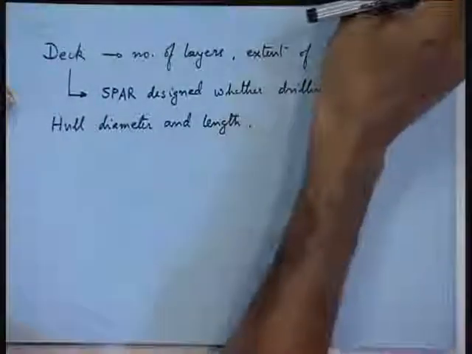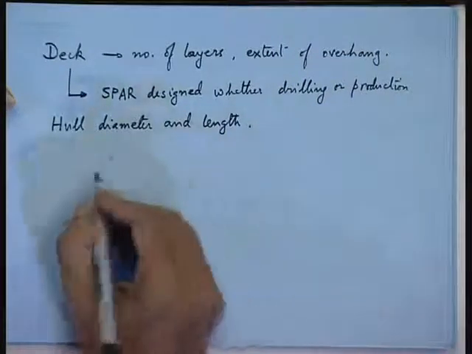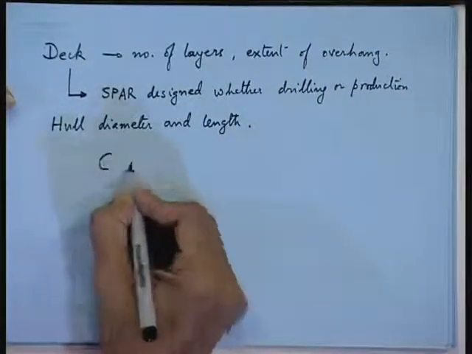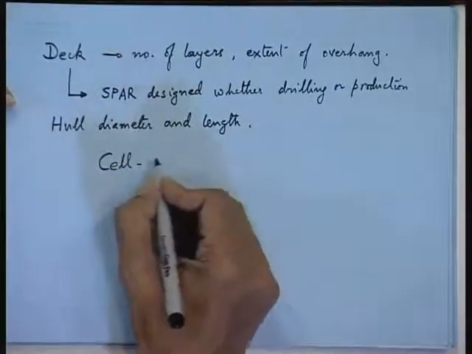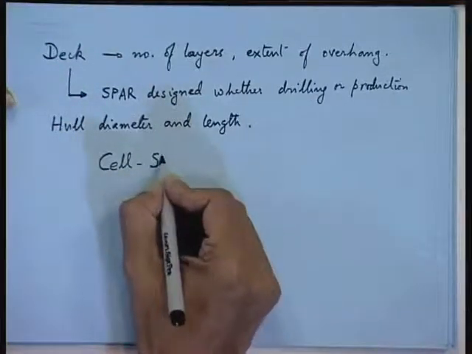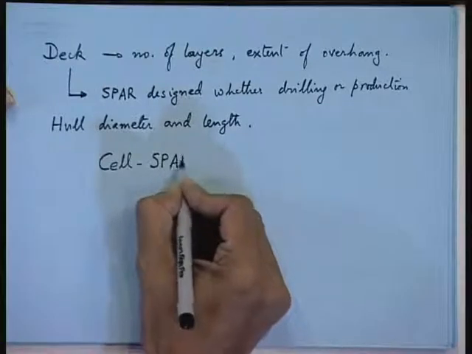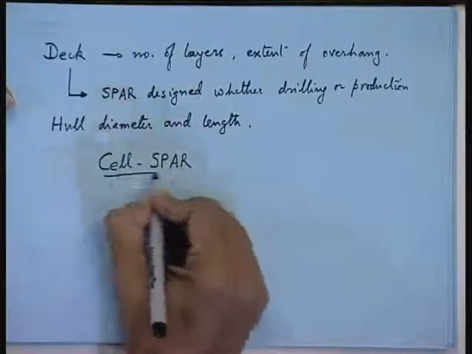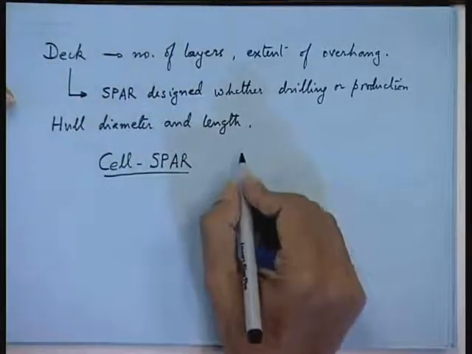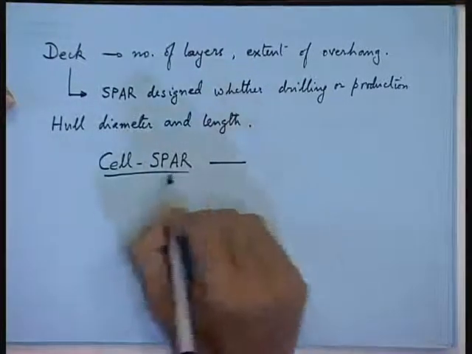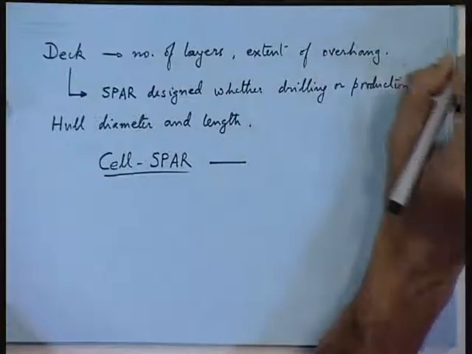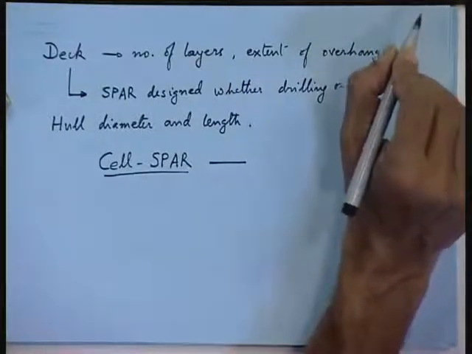That is called another type of spar, called a cell spar. I'll just show you the diagram. I think this has been built by Exxon or Mobil, one of these two oil companies. A lot of thought has been given to the hydrodynamics and the motion aspects.